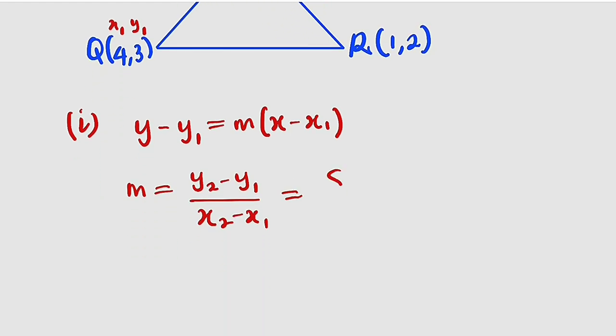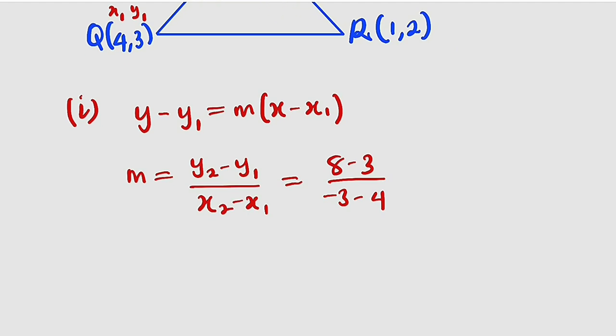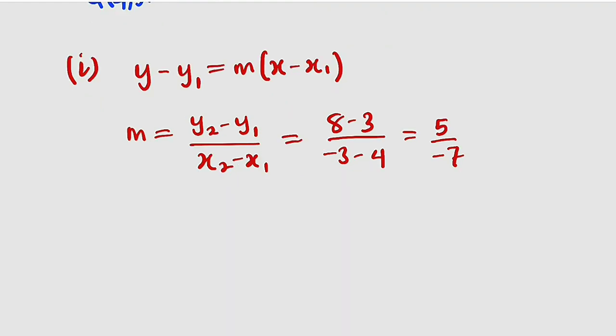So this is equal to 8 minus 3 divided by negative 3 minus 4. 8 minus 3 is 5. And negative 3 minus 4 is negative 7. So it means that our slope is negative 5 divided by 7. M is equal to negative 5 divided by 7.